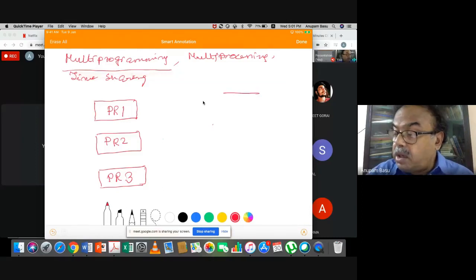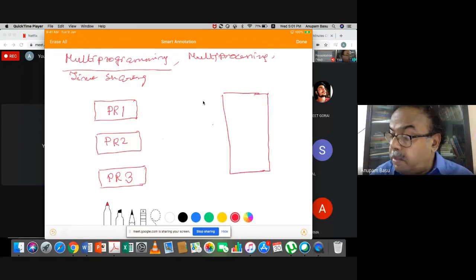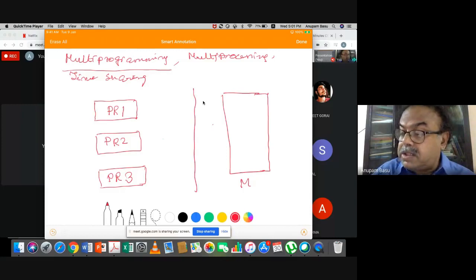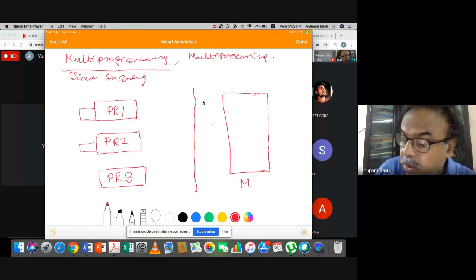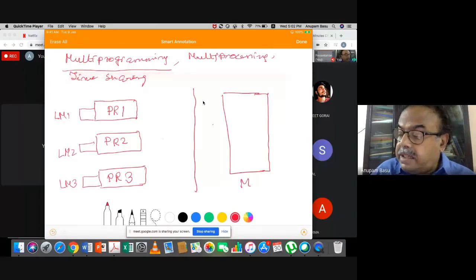And I have got a global memory. Right now I'm assuming the architecture where I've got a global memory, which is accessible by all these processors through a bus. And each of these processors may have their local memory, LM1, LM2, LM3. These processors are interacting with this global memory through this bus.